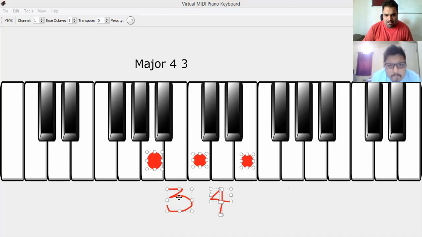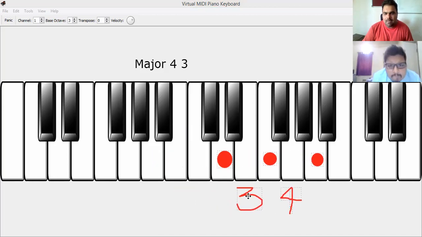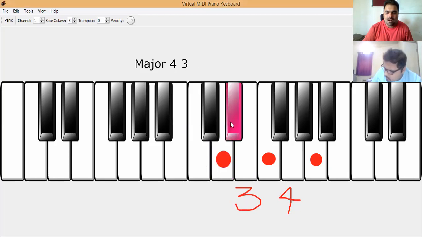Now this is A minor chord. If I look at D minor, it's the same pattern. 0, 1, 2, 3, 4. So we have a 3-4 pattern here.